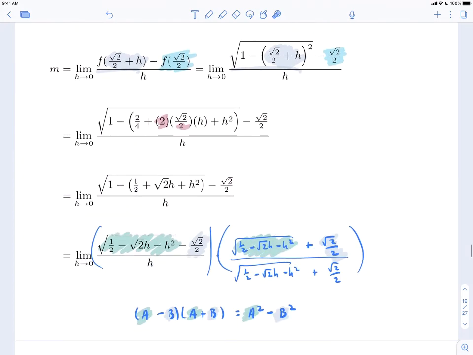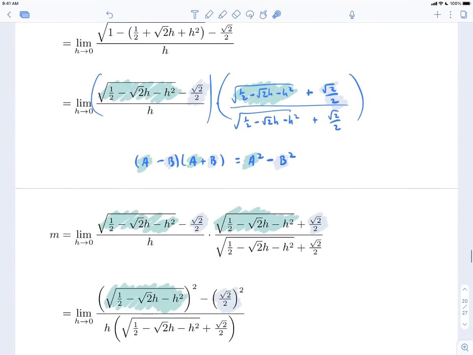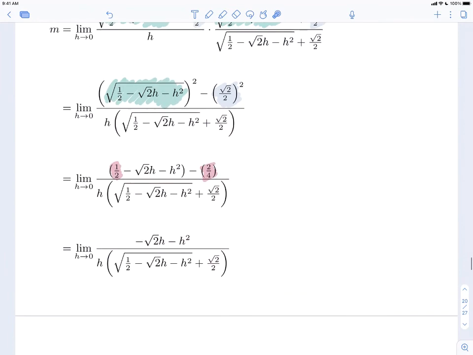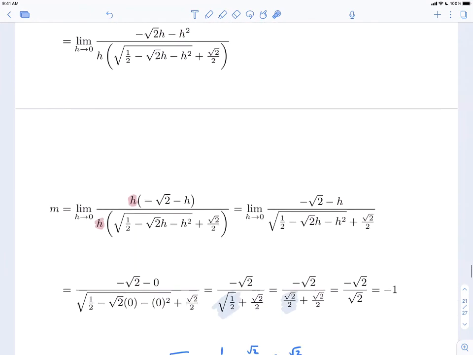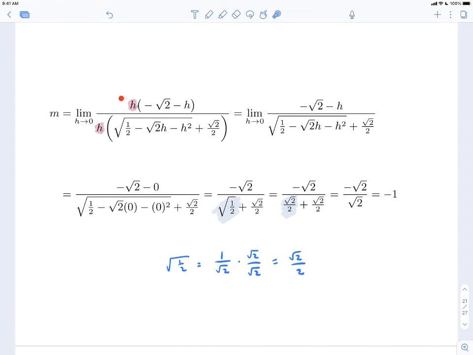Now, we had to play this algebraic game to do so, but eventually we found that factor of h right there. We factored it out. There was a factor in the numerator, a factor in the denominator. Those simplified, so we got rid of the thing that was giving us 0 over 0.